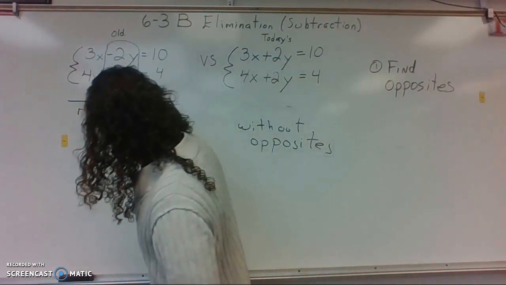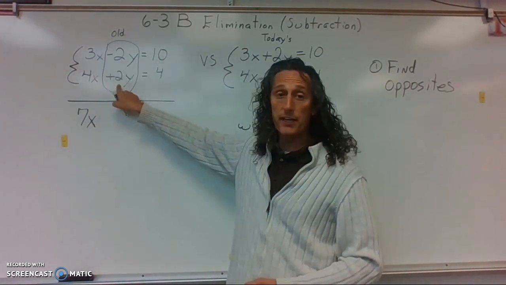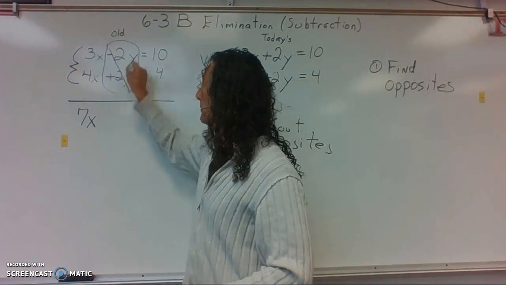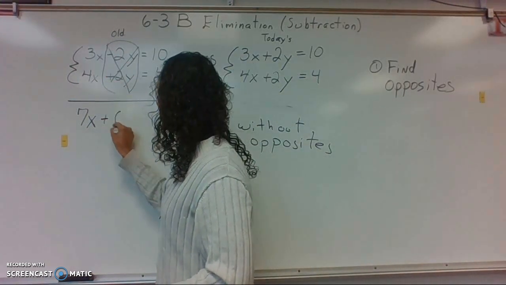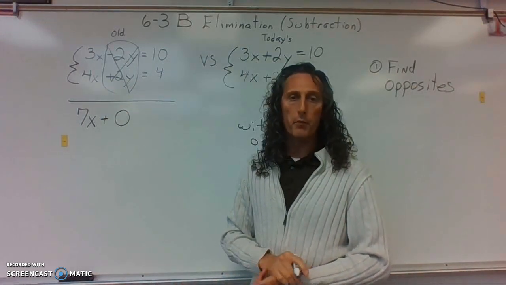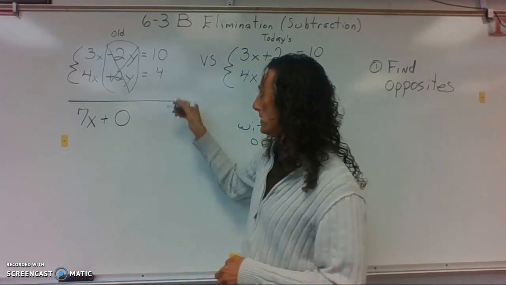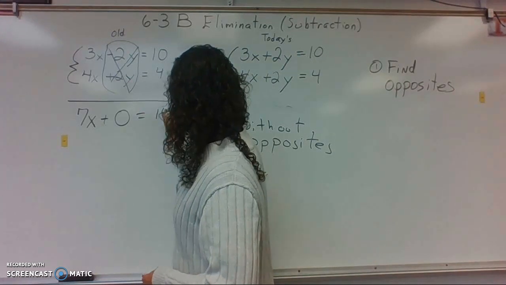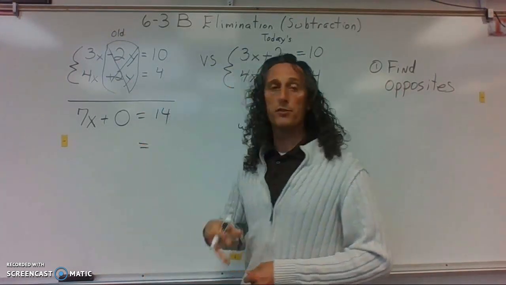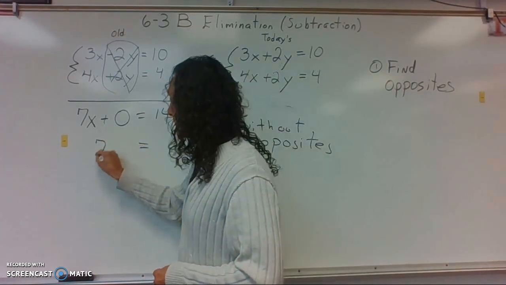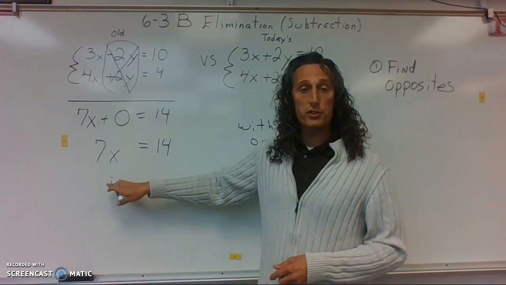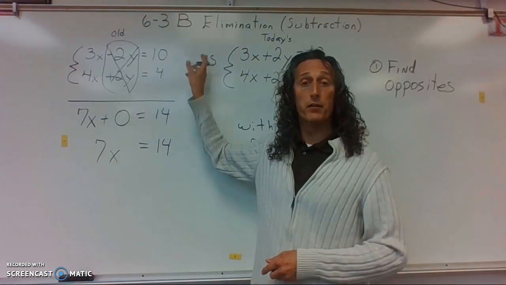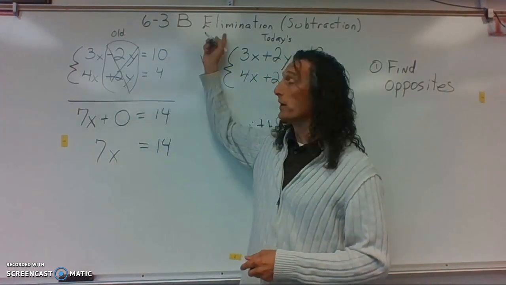If you have opposites, these get eliminated because they actually add up to 0. You don't have to show me the 0, but they add up. Then over here, 10 plus 4 is 14. Most of you just skip down to the step where it says 7x equals 14, and we can solve for x because one of the variables was eliminated.